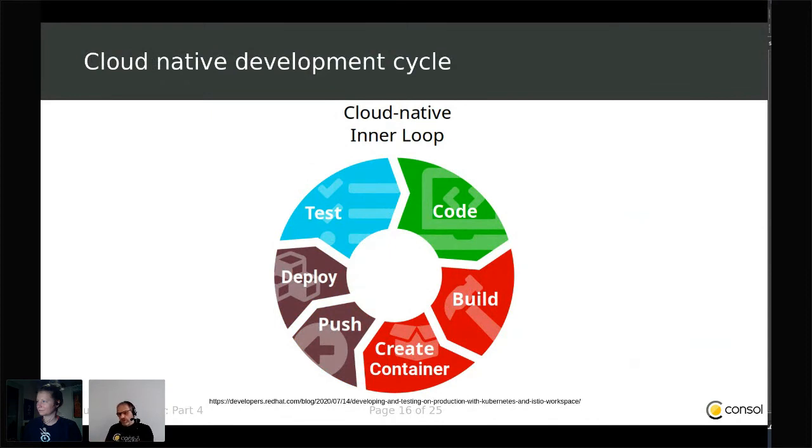The next part would be to create the container, to push the container to a container registry, to deploy our application, then to run a test, and then to do it again. But these are at least 3 steps more, which takes some time. And depending on your application, that could be quite a long time.